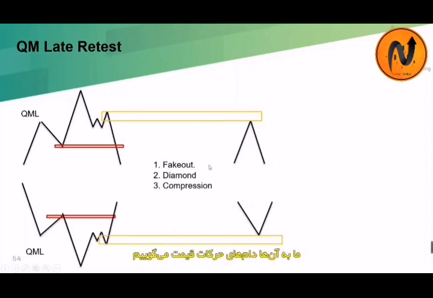This is what we call trap or price action. There might be a fake out, a diamond, or a compression. I'm going to explain these three types of trap later on, not today, so you can understand. This is very, very important. Always look out for this trap.